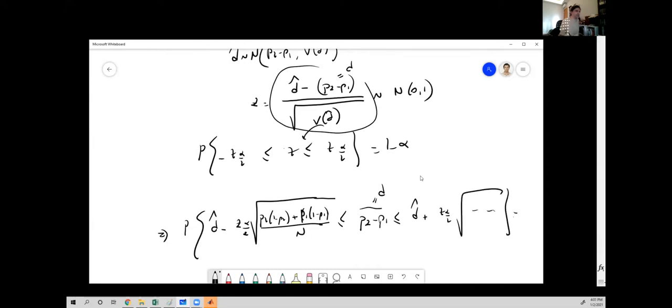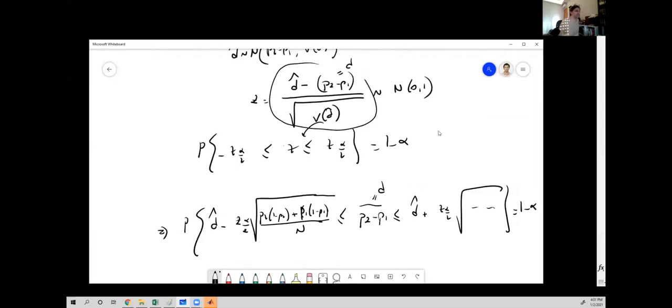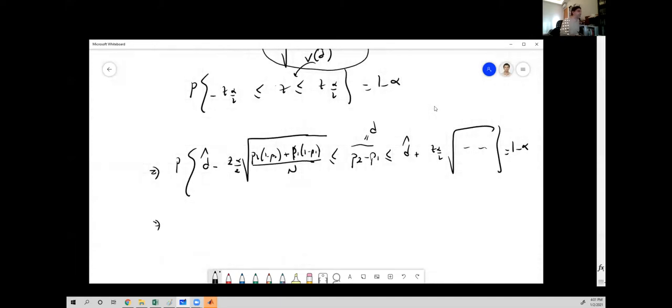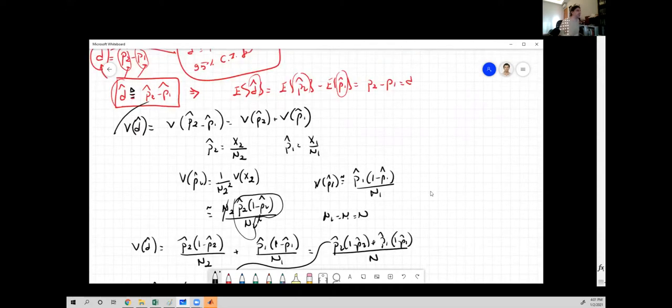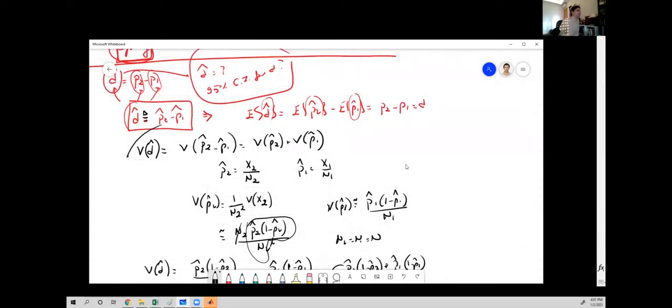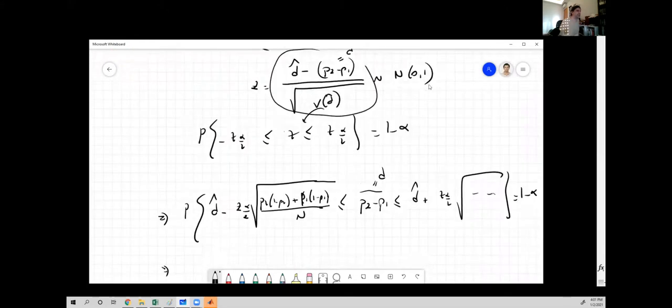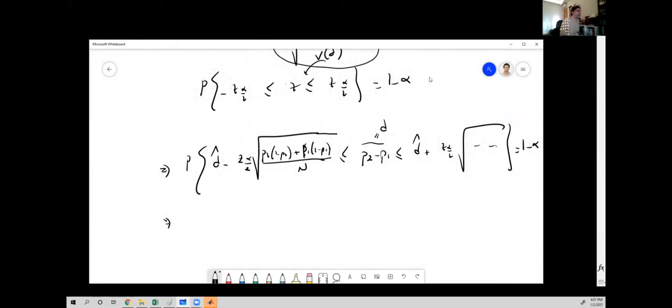I'm too lazy to write the whole thing. So now let's finish the question. D hat is found to be the difference between P2 and P1. Actually, I can replace that to make it look nicer: P2 hat minus P1 hat.